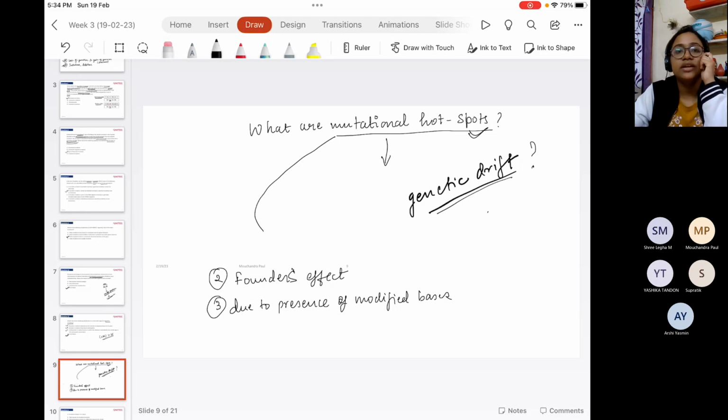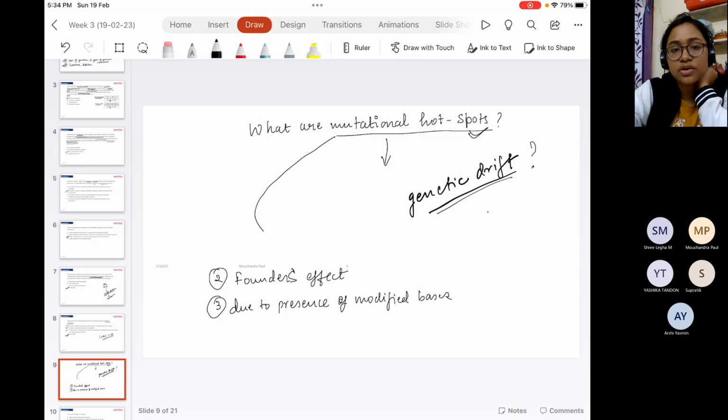Shri, would you mind writing what you mean by genetic drift in the chat box? Chat option is not available. Huh?